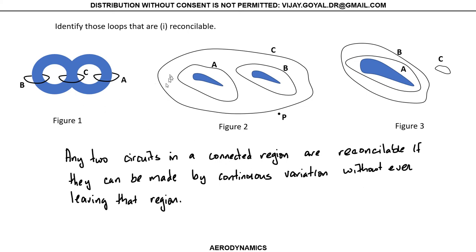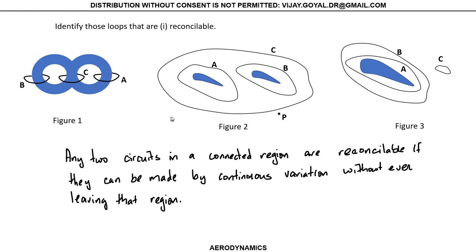Let's see. Can these two become one without leaving the region? Actually, no, because if these two become one, now this loop will contain this region and this region.